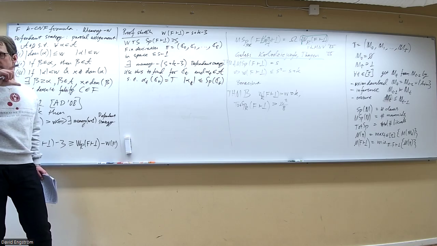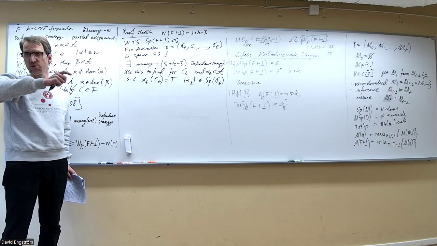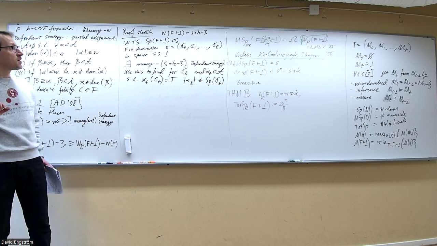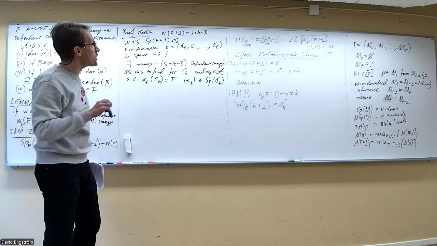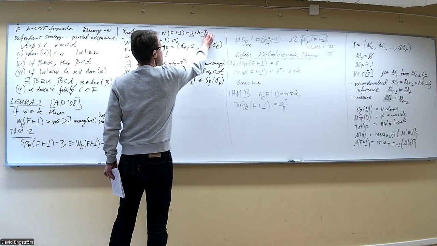Because otherwise, if we're downloading an axiom and then immediately erasing something else, let's just swap these two steps and get a derivation in smaller space. So that means, in fact, that when we're downloading an axiom, we're only in space S minus 3.